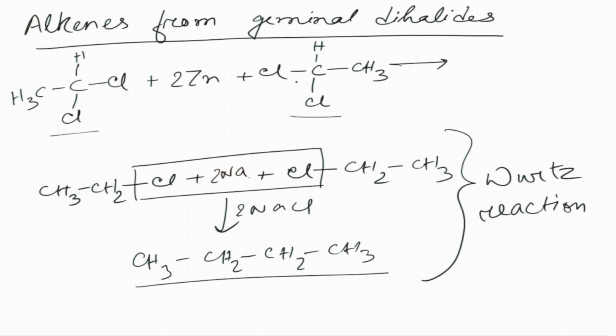Since there are 2 bonds and 2 chlorides, so 2 zinc chloride will be liberated, and since 2 bonds are breaking, that is each carbon is losing 2 bonds, so 2 bonds will form in between. So, we get a higher alkene. So, this is the method for preparation of alkenes from geminal dihalides.